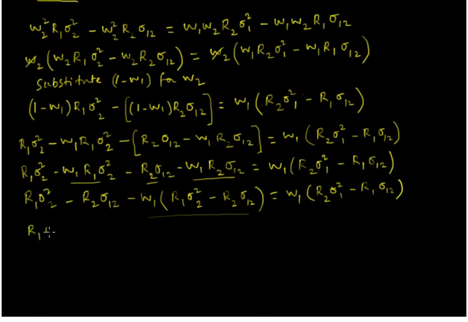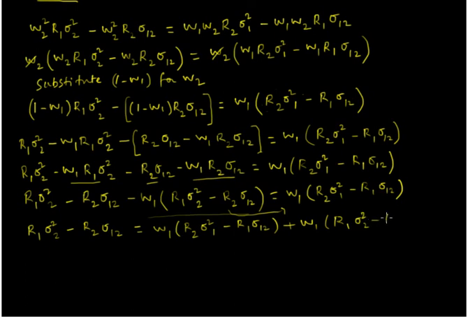So we will have R1 times variance of 2 minus R2 times covariance between 1 and 2 is equal to, we have this term already here, so W1 times R2 times variance of 1 minus R1 times covariance between 1 and 2, and we take over this term also to the other side. Now things are looking brighter.